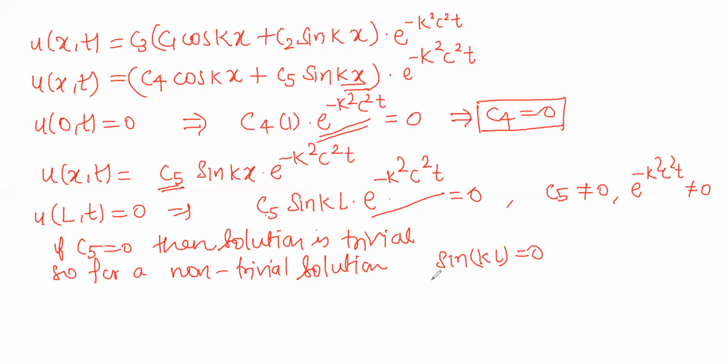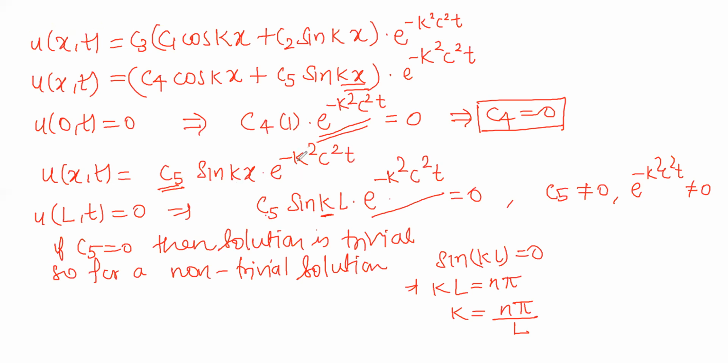So sine kL is 0. If sine kL is 0, this implies kL will be equal to n pi. So basically you get k equal to n pi upon L. So that is my k. Now I'll substitute this k in this equation, and then observe what will happen here.